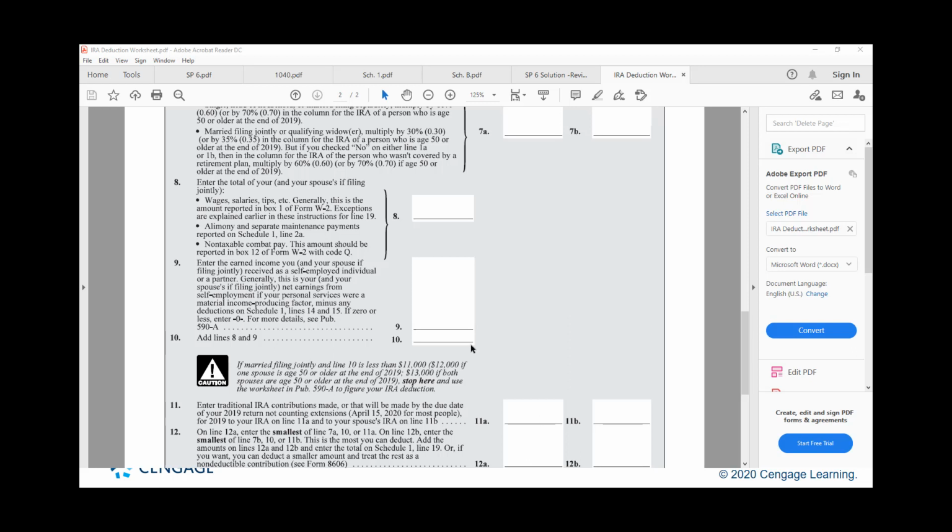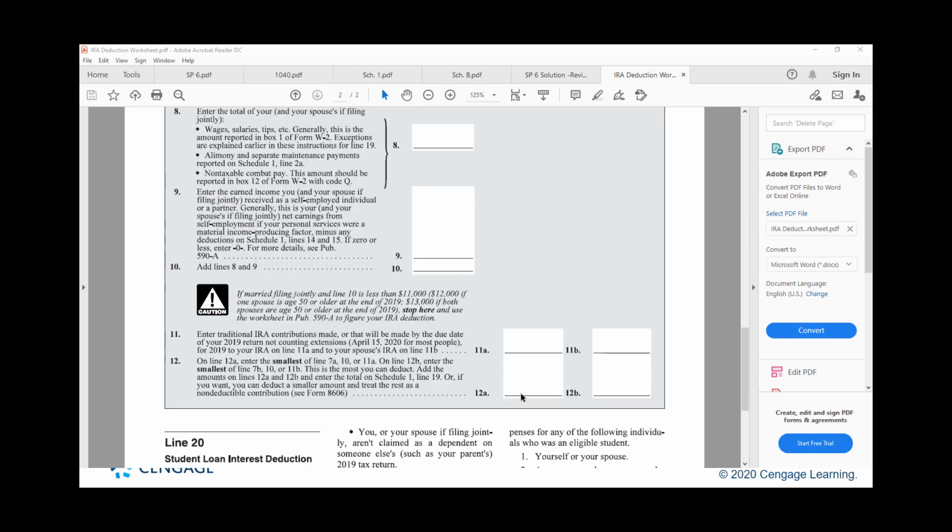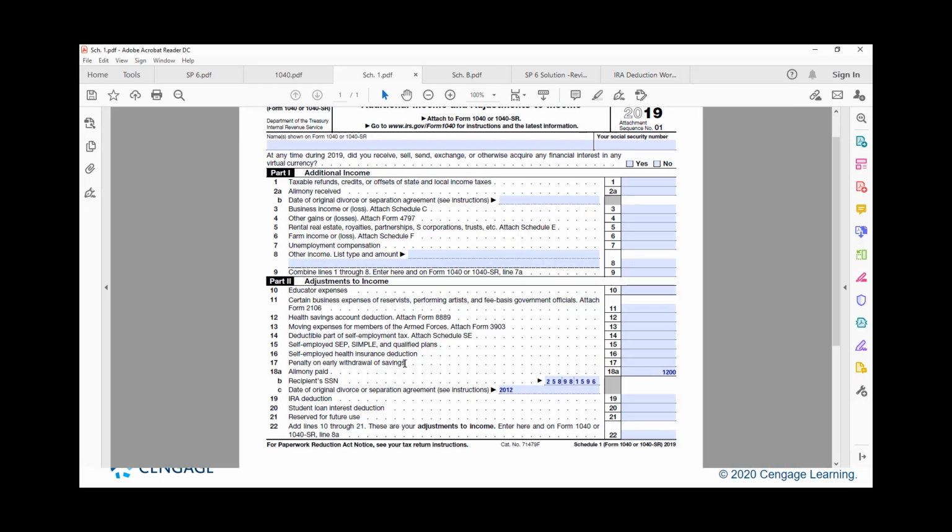Line 7A is the 60% that we calculated of the income that is reduced by the adjustments to income. So 12A is 1,050, and this goes to Schedule 1, line 19. Here's Schedule 1, line 19, 1,050, and we carry the total on this schedule to the Form 1040, line 8A.